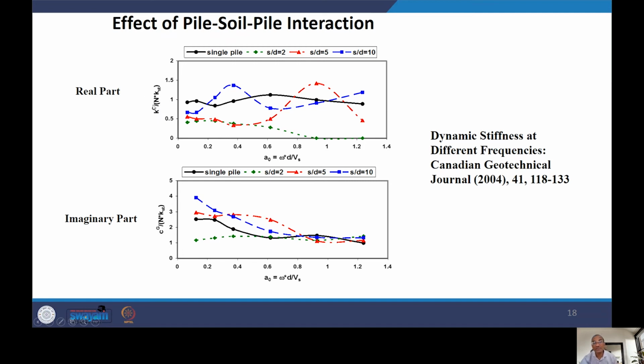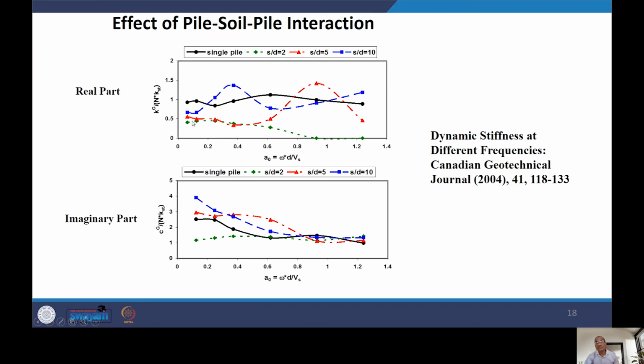So this ratio is dimensionless. Same thing for the imaginary part. Here, this is Cg divided by N Ks. Here, of course, this ratio will not be normalized the same way, because you are normalizing with stiffness only. So anyway, let's discuss the results.